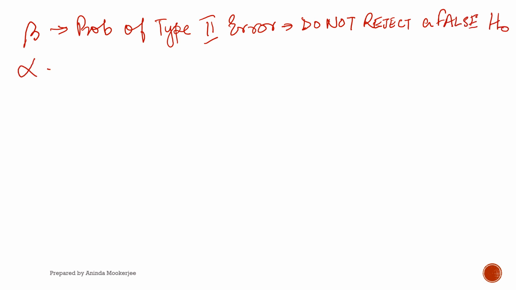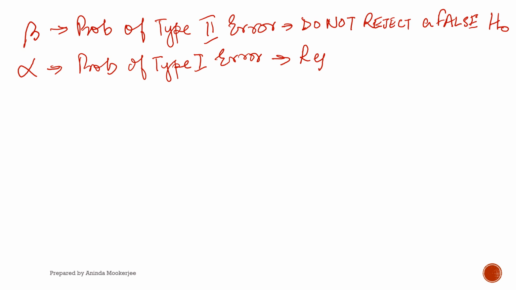Alpha, on the other hand, is the probability of making a type 1 error. And what is the type 1 error again? When we reject a true null hypothesis. Therefore, in order for a type 2 error to occur, the null hypothesis must be false.